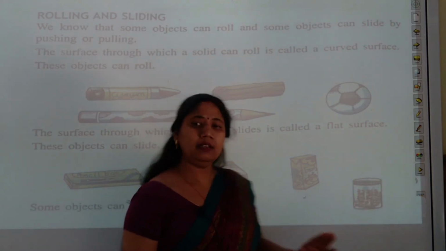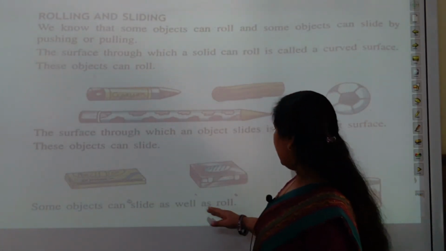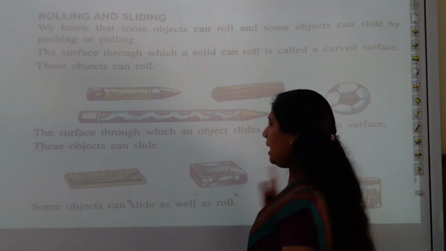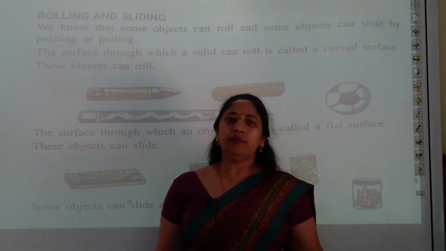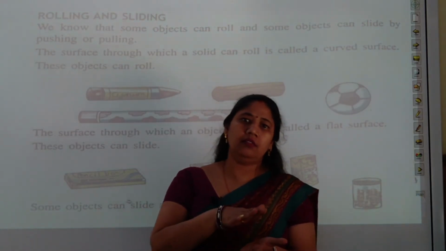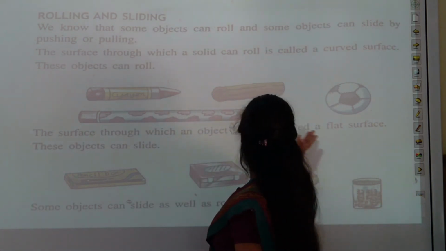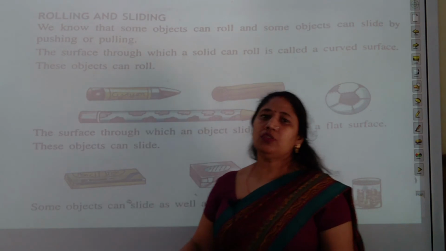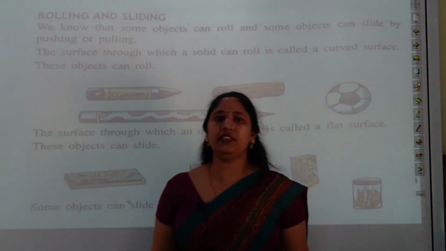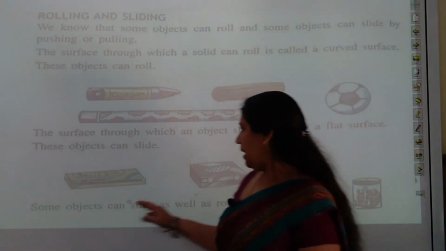So these slide. Some objects can slide always, like cell. So cylindrical objects having both the flat surface and the curved surface. So the things having curved surface and flat surface, they can slide and they can roll both.